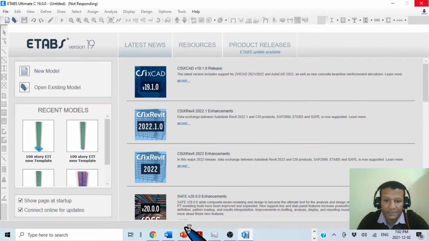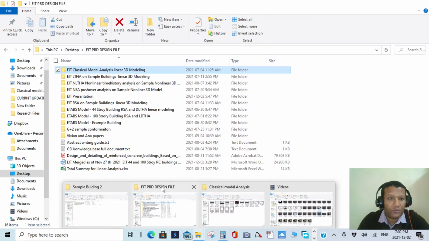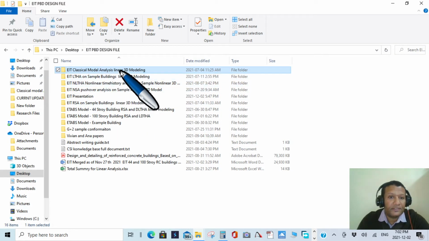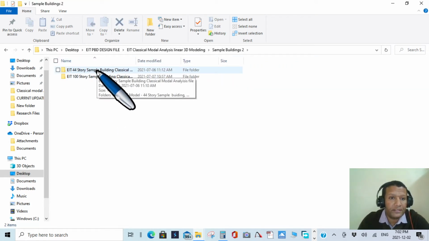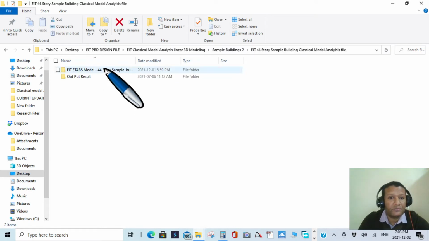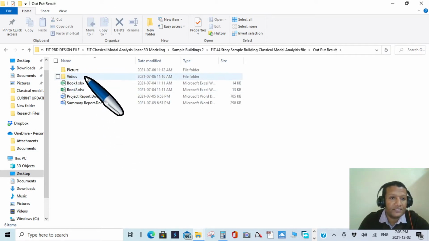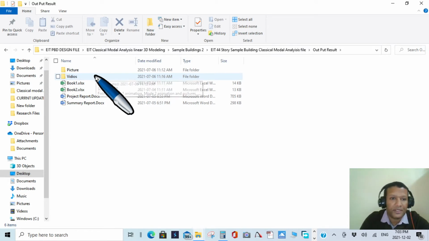Until the software opens, let me show you some of the results for the 44 story building and the 100 story building, because it will take some time.